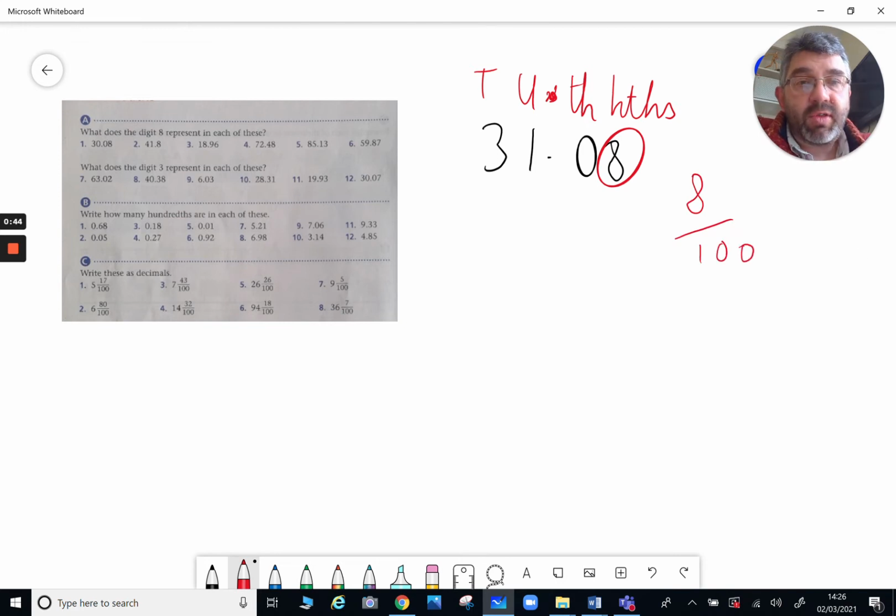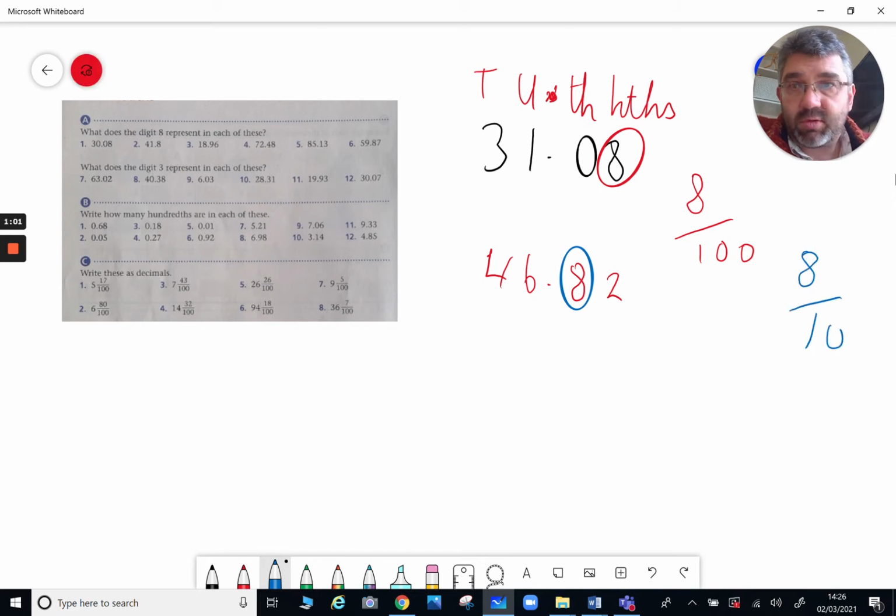If we take a number where the 8 is somewhere else, so if we had 46.82, here's your 8. It's in the tenths, so what you've got there is 8 tenths. Now, if we took another, let's put the 8 here: 28.46.